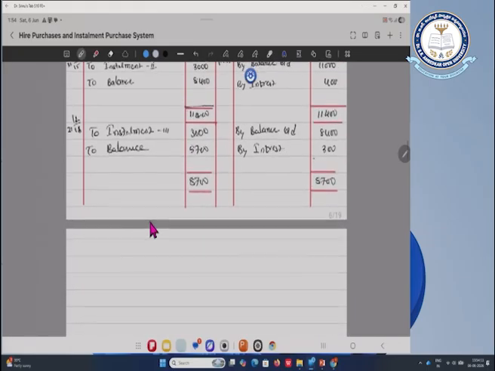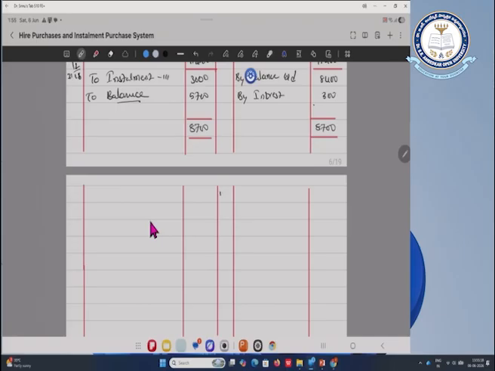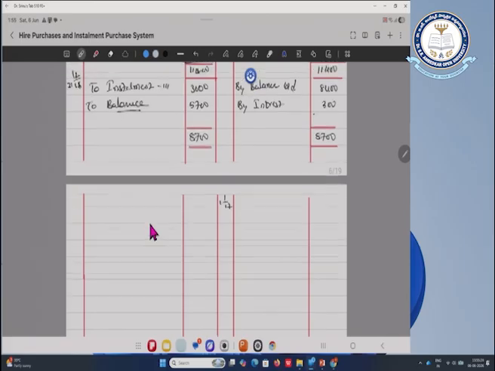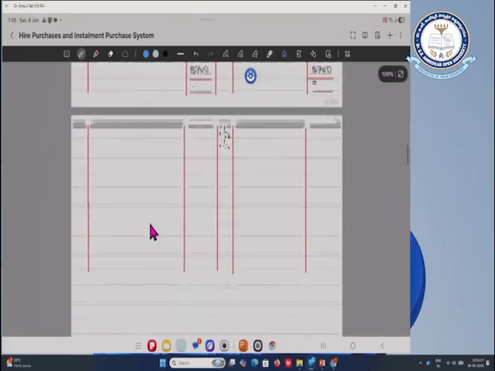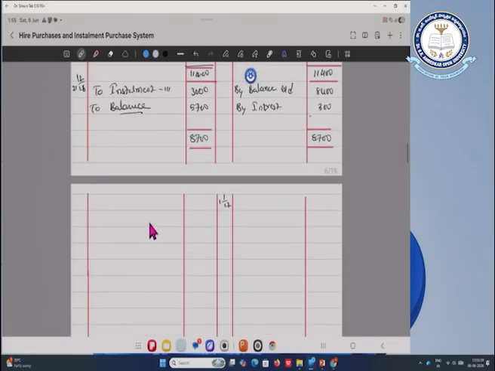So, continuation of the remaining 2 years also. So, similarly, okay, enough. So, next year, by balance brought down.